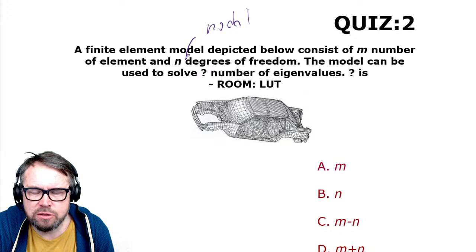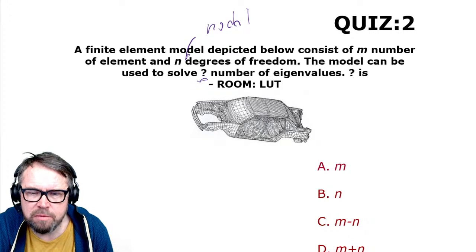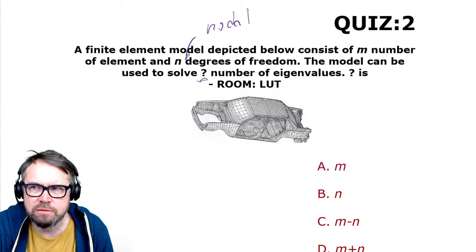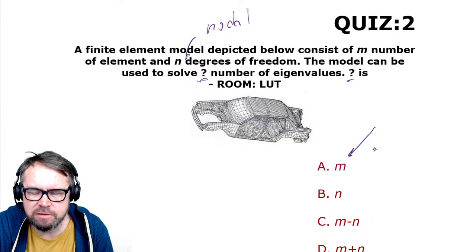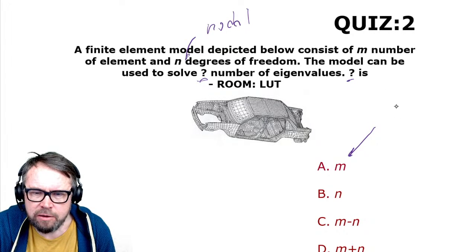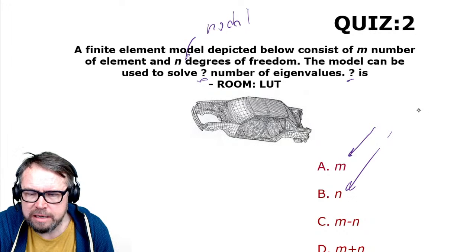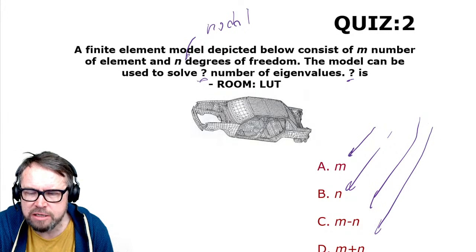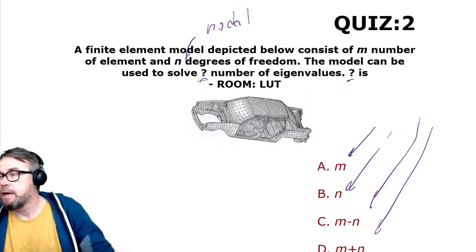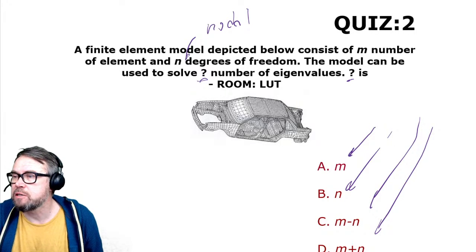The model can be used to solve a question mark number of eigenvalues. Is the question mark equal to the number of elements, equal to the number of nodal degrees of freedom, the elements minus the nodal degrees of freedom, or the elements plus the nodal degrees of freedom? And the in-class quiz is on.